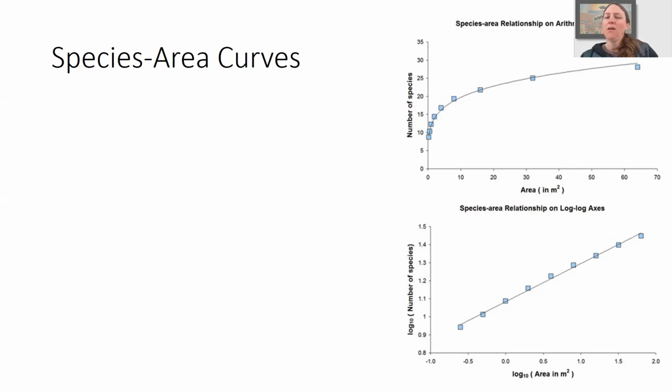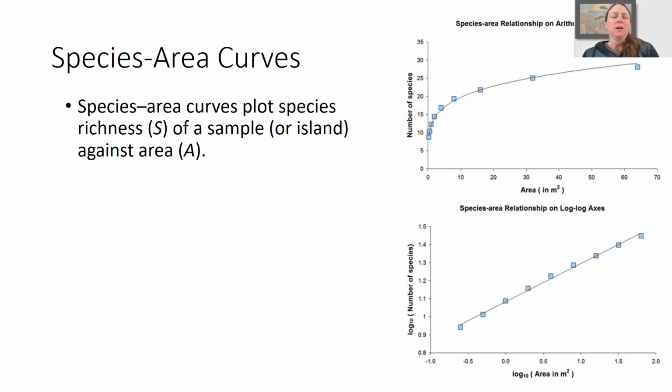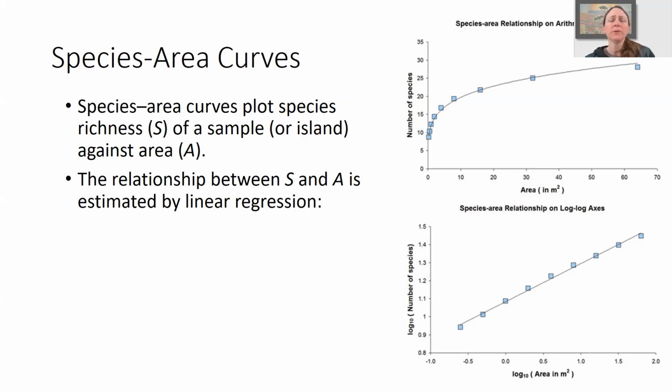Now, if you take the log of the number of species and the log of area and you plot them, you should get a very nice straight linear model, a line. Okay, so species area curves plot species richness of a sample or of an island. We'll talk about island biogeography too, against area in meters squared. And the relationship between S and A is estimated by linear regression.